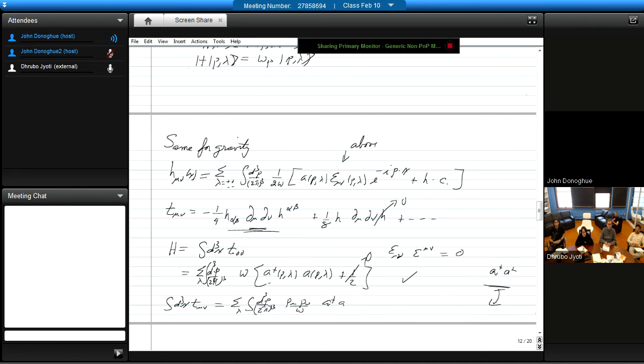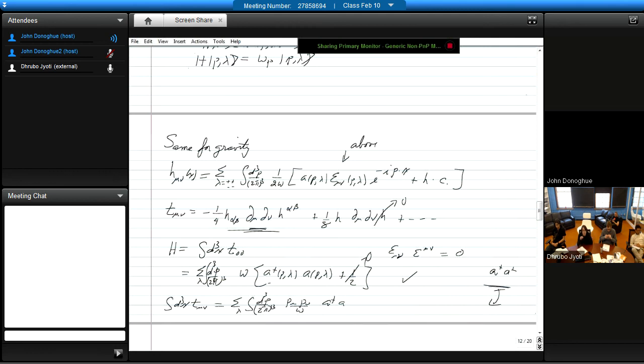Having done these things explicitly for the photon, I can see that the 0i component here is not going to have any A dagger pieces. There's a symmetry because it'll be omega over omega p vector, which when integrated cancels. But I don't know the ij piece. I can't do the ij piece in my head. Anyway, that's what the matrix elements look like when you take matrix elements of this between states.